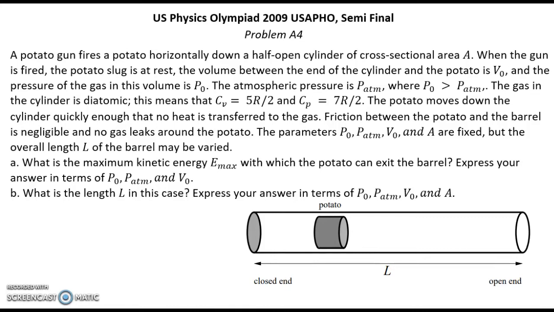Questions. A. What is the maximum kinetic energy E maximum with which the potato can exit the barrel? Express your answer in terms of P0, P atmosphere and V0. Question B. What is the length L in this case? Express your answer in terms of P0, P atmosphere, V0 and A.